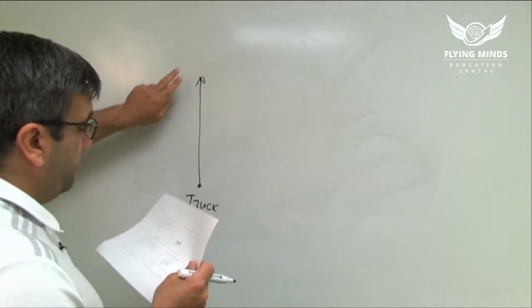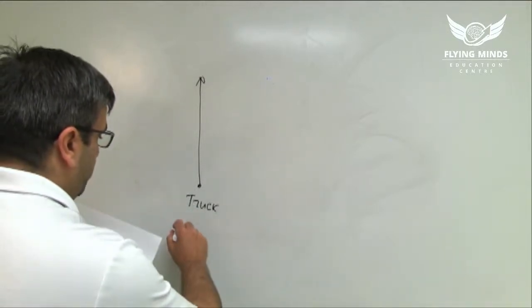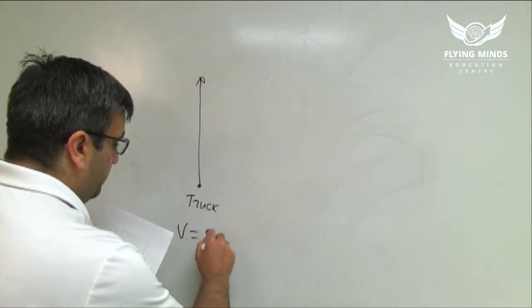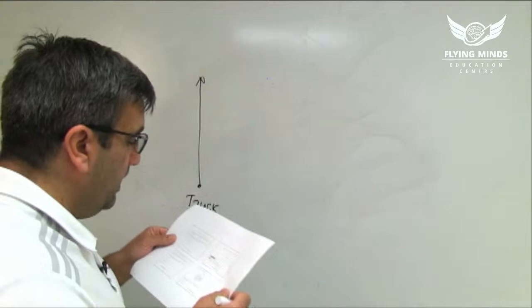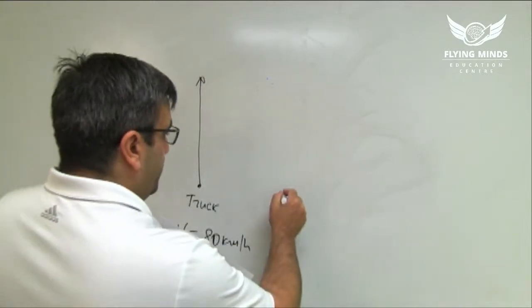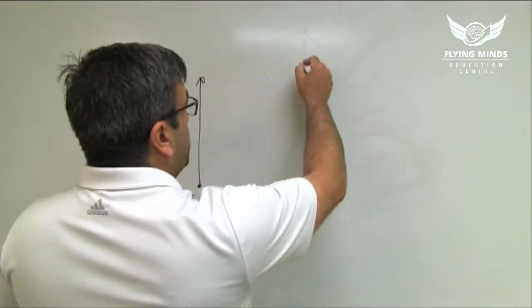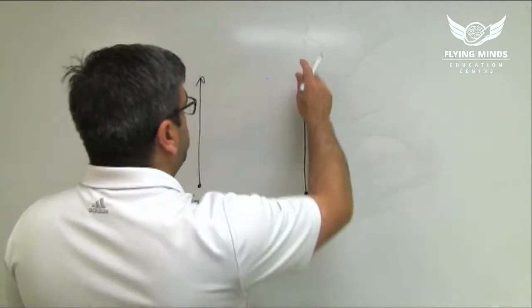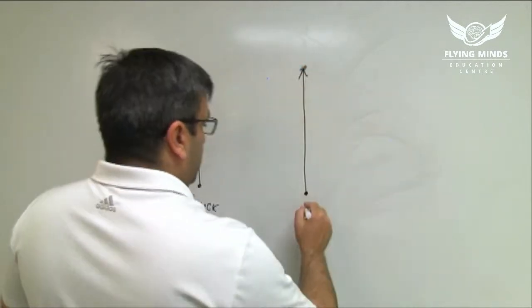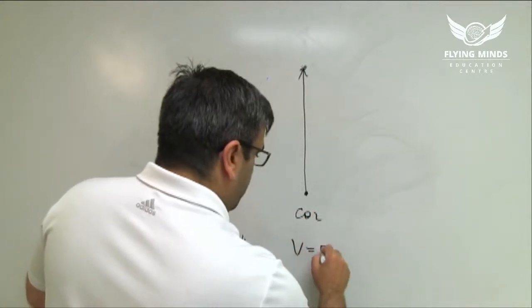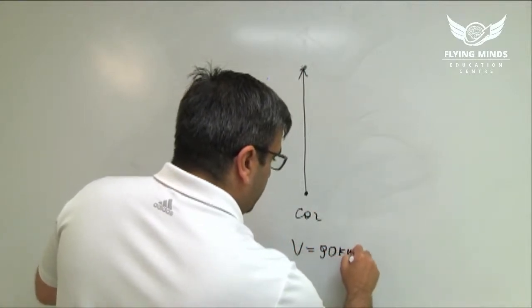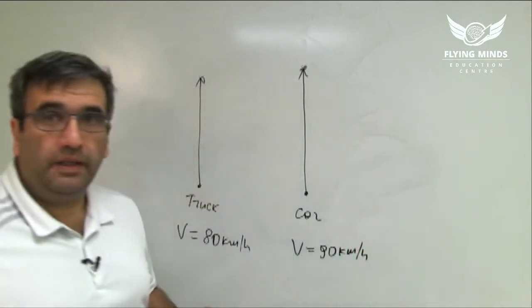So what we have, truck heads north with speed of 80 kilometers per hour. A car leaves 20 minutes after. Car at speed 90 kilometers per hour, right?